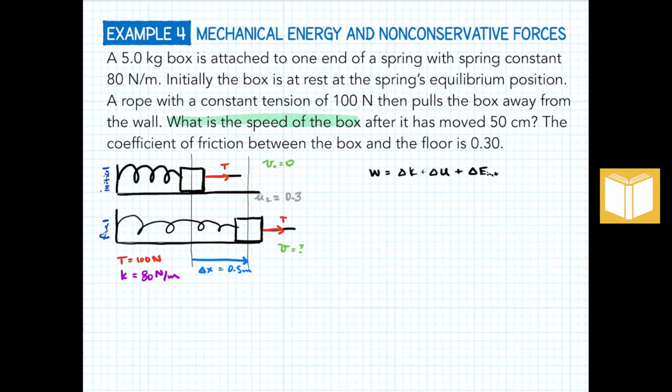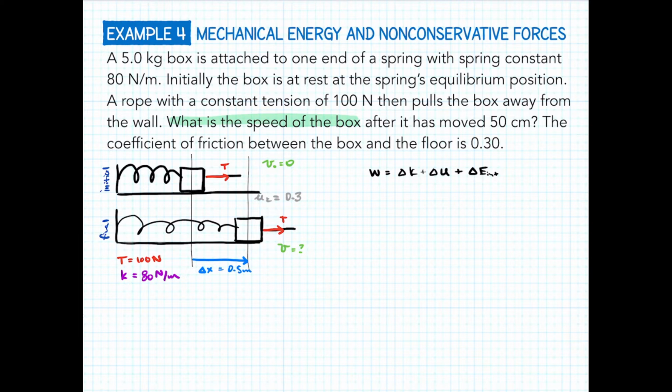That means we're choosing what as our system? So what's included in the system? The spring. We'll include the spring, okay? We'll include the ground because we want to make sure we account for all the internal energy, and the block, obviously, okay? If we don't include the spring, it changes things a little bit.